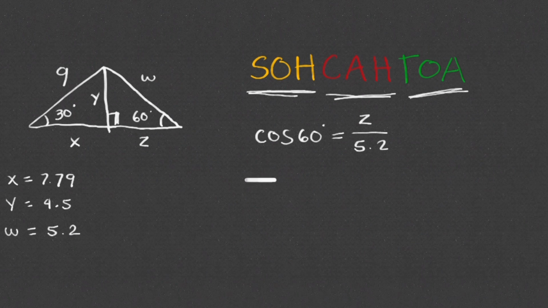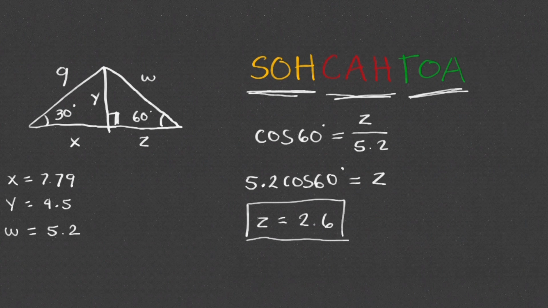Therefore, it will become 5.2 cosine 60 degrees is equal to z. Therefore, z is equal to 2.6. And that's how you can solve the sides of a right triangle.